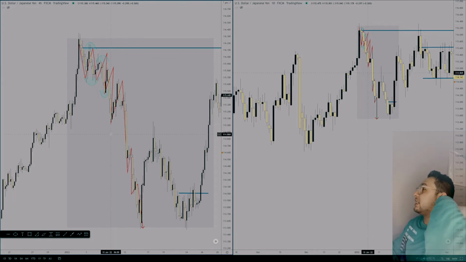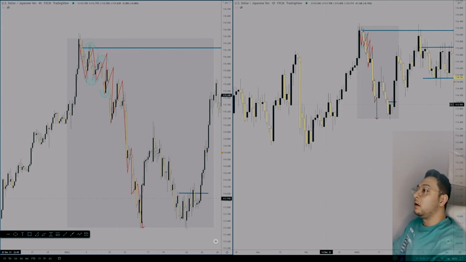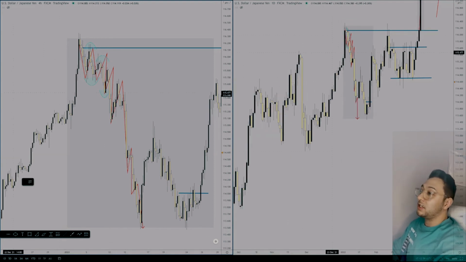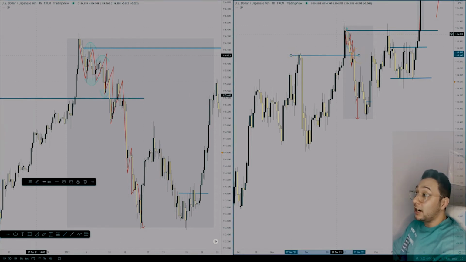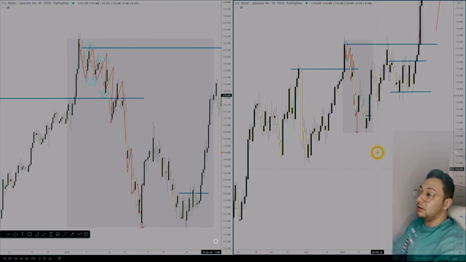Now, how does one take a trade setup based off of knowing this information? Well, here is how you do it. So you understand that looking on this left side, the market was really bullish, right? It had to break this previous high and made a new higher high, which is this right here at the top of the zone. This would be the new higher high point on the higher time frame.